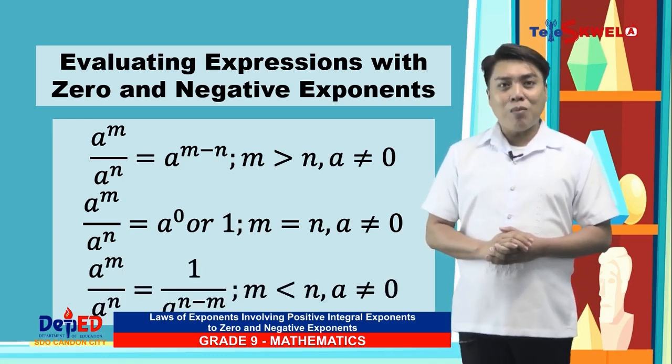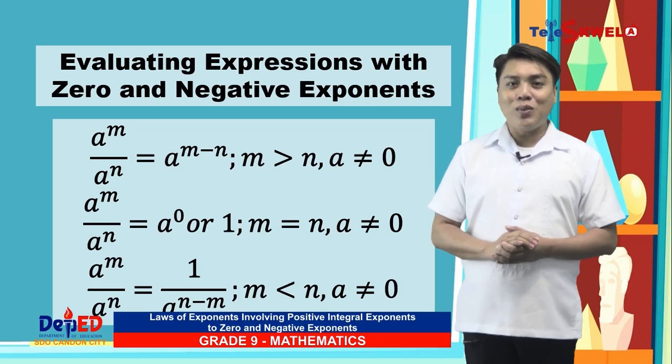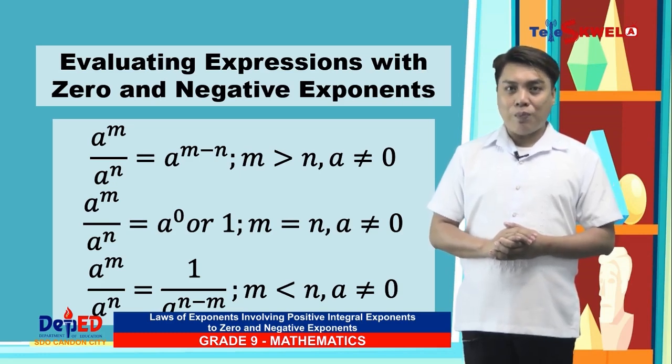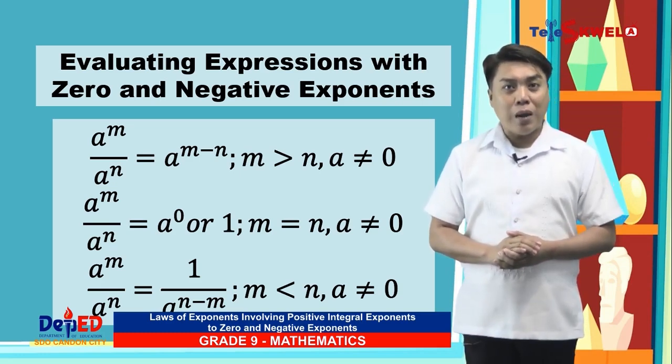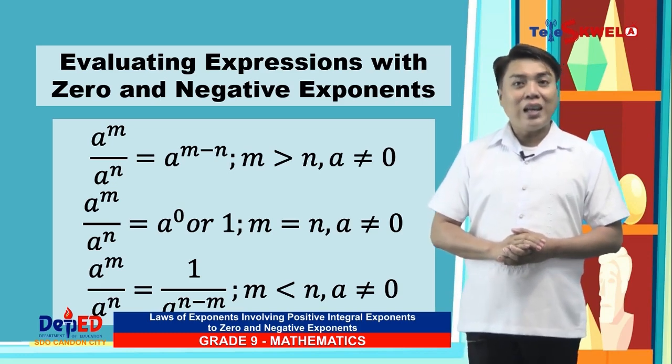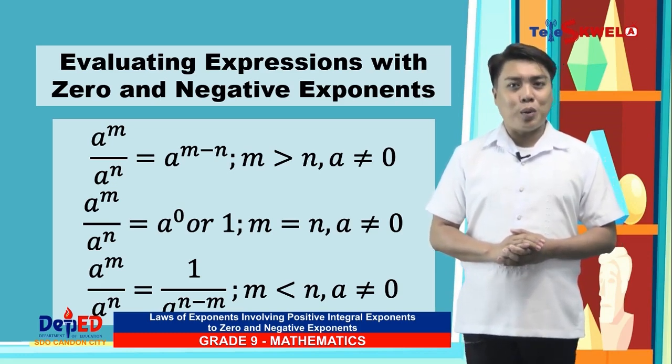A raised to m all over a raised to n is equal to 1 all over a raised to n minus m, if m is less than n and a is not equal to 0.